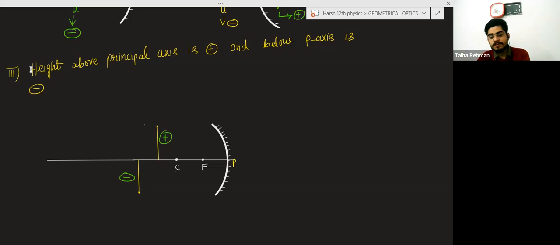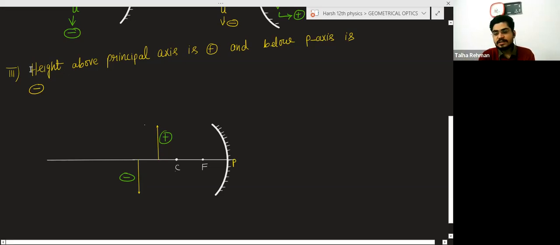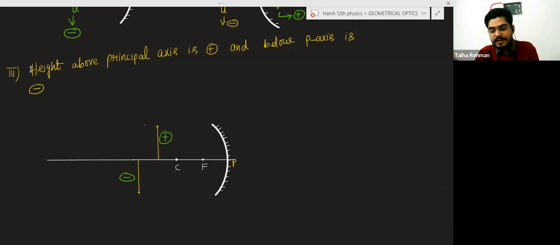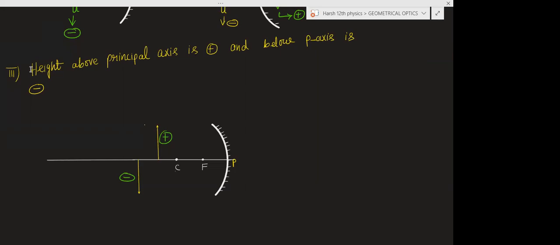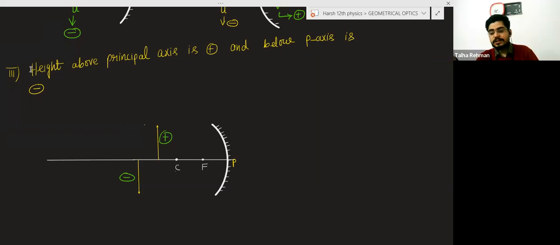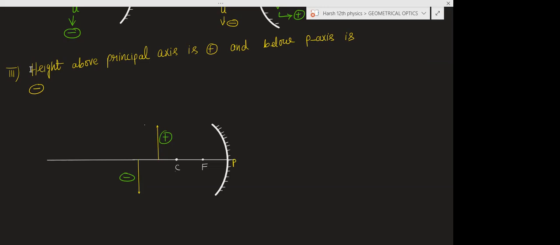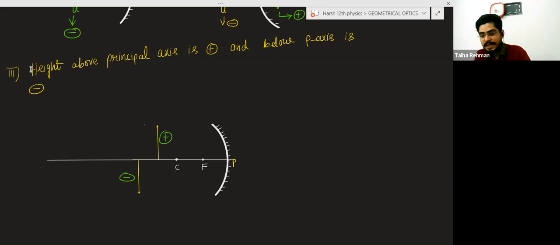If the image distance is minus 25 centimeter, it means that the image is forming at a distance of 25 centimeter from the pole, in the direction opposite to the incident light. And if the height of the image is negative, suppose it is given that the height of the image is minus 5 centimeter, it means that the image is formed below the principal axis and has a height of 5 centimeter.